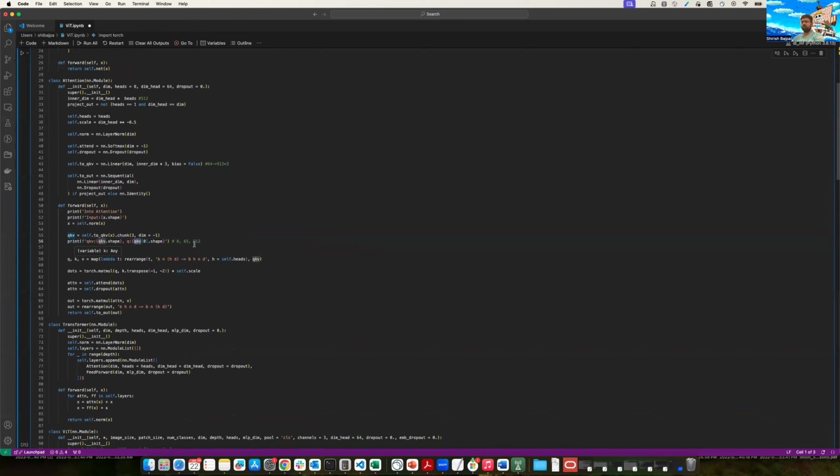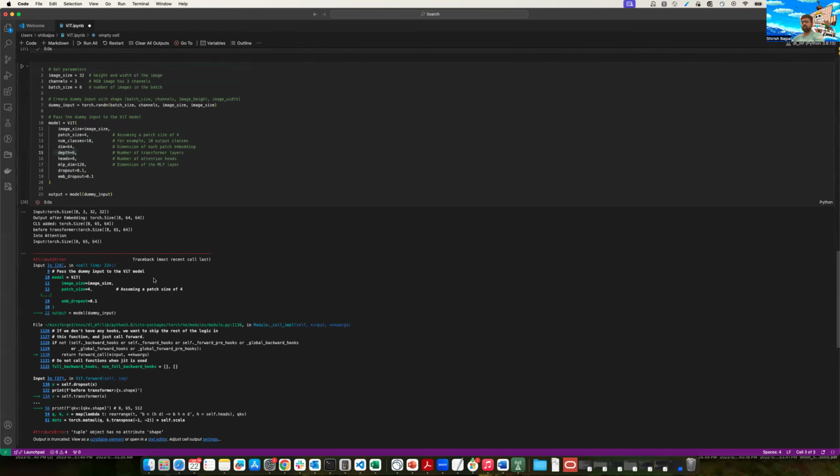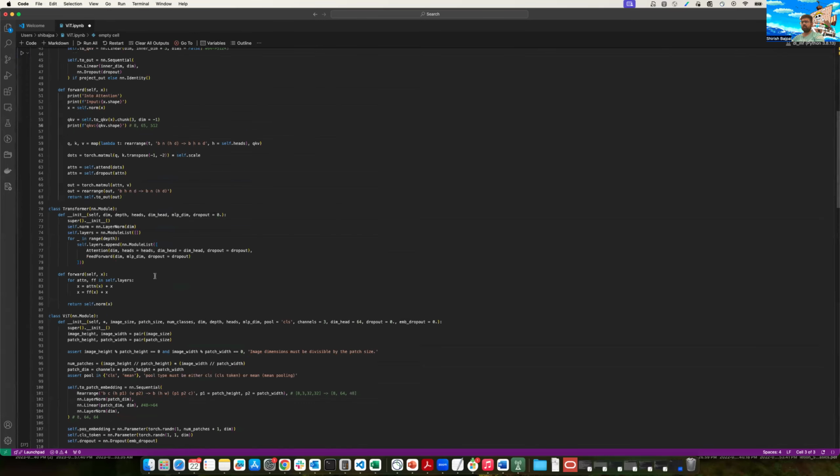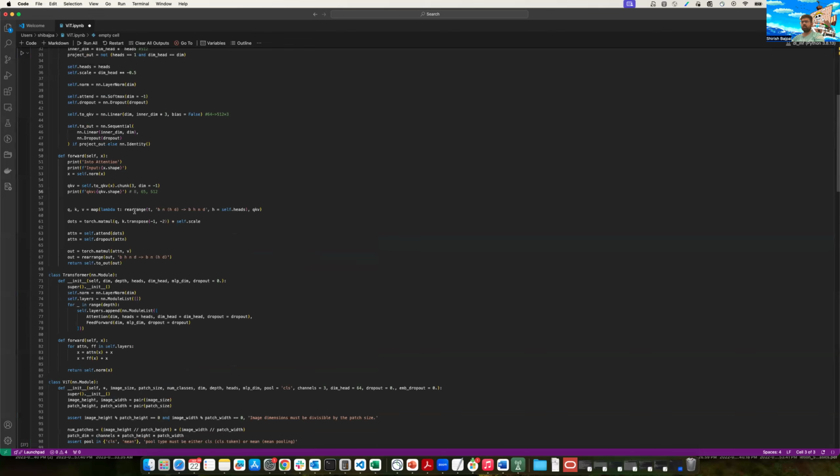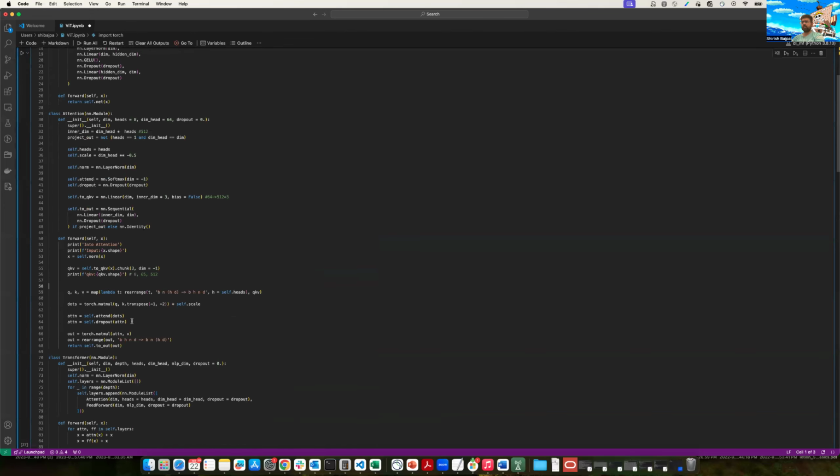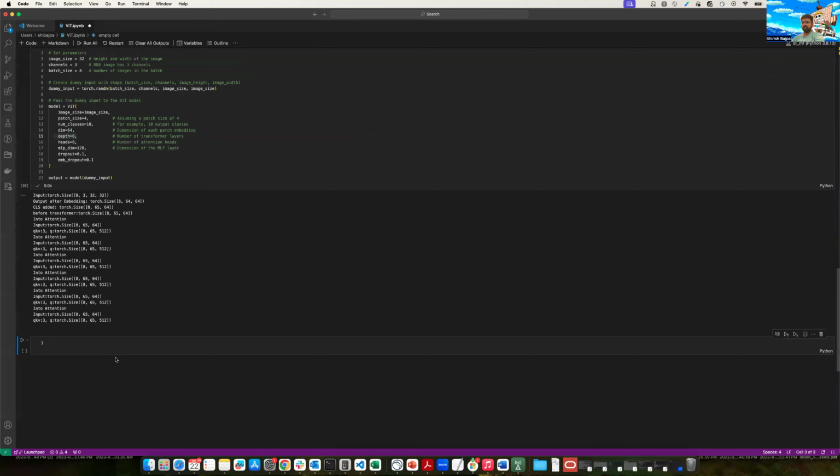QKV is a tuple, so we'd use length if it was a tensor.